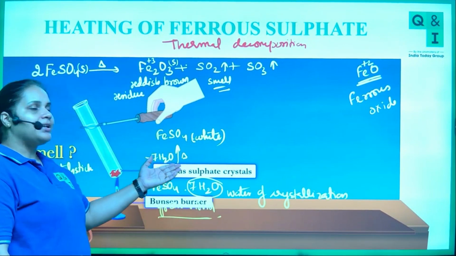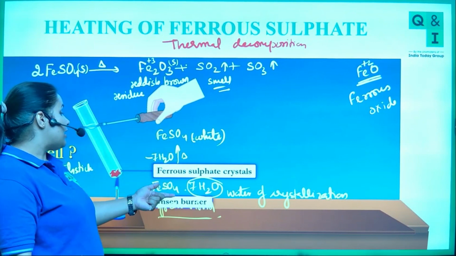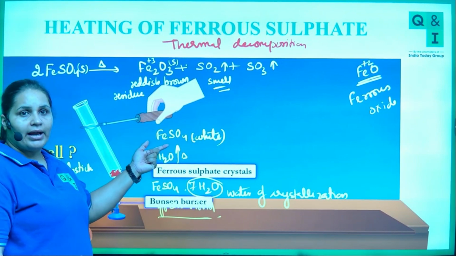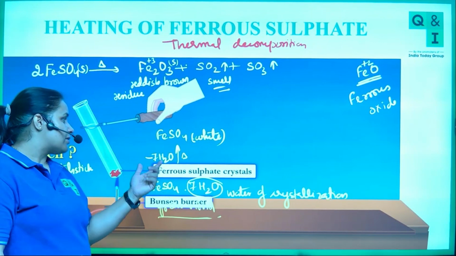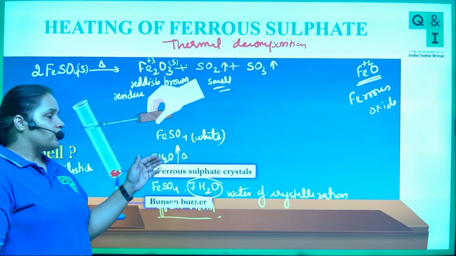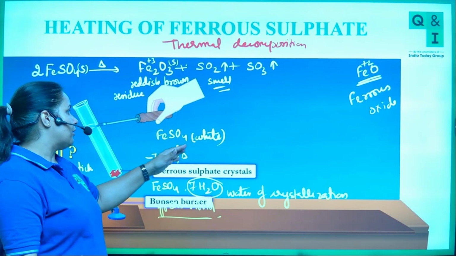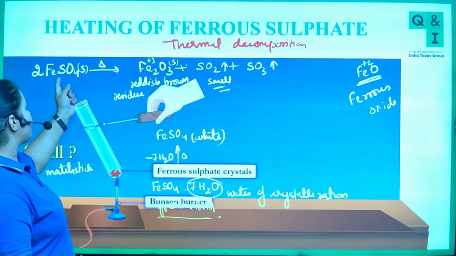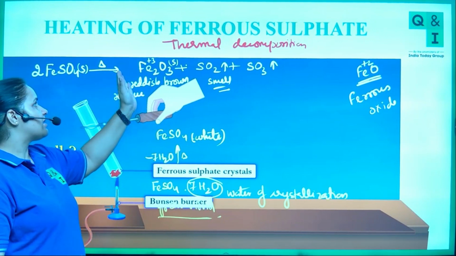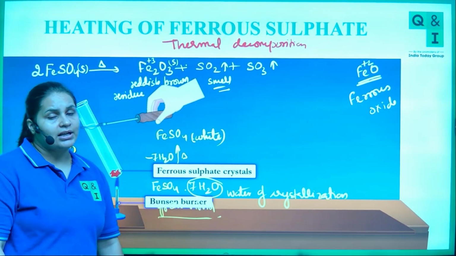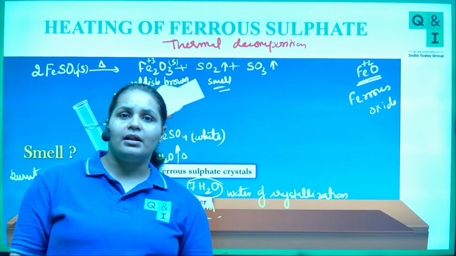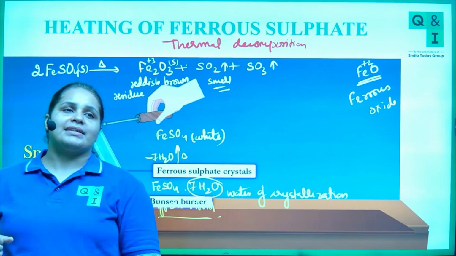When we started heating it, the green crystals turned white because they lost water molecules, so they become anhydrous and white. On further heating, ferrous sulfate gives a reddish brown residue of ferric oxide, sulfur dioxide, and sulfur trioxide. Sulfur dioxide gives the unpleasant smell of burnt matchstick.